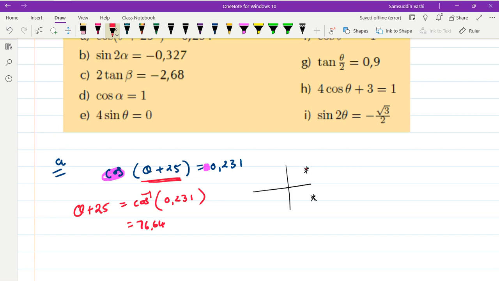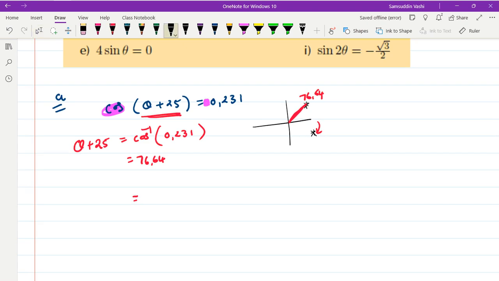So I have the first answer already, 76.64. What's the direction of the fourth quarter? 360 minus. You do 360 minus, and that is your second answer. That gives 283.35. So I got those two answers.